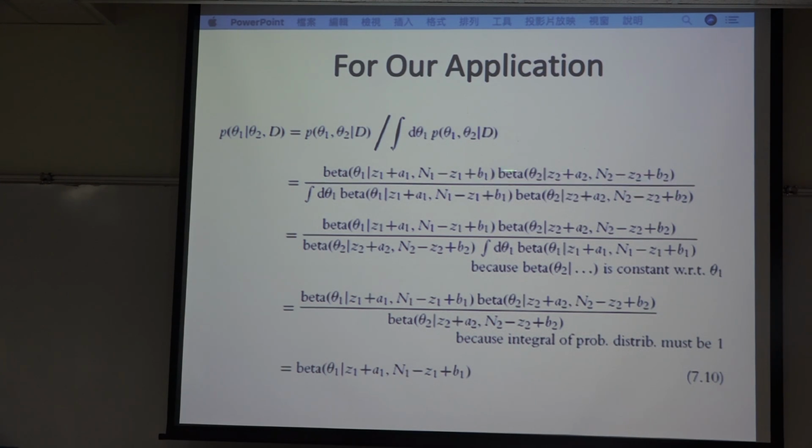We already know the result here. And for the integral of this one, keep in mind, this d theta 1 should have been placed at the end. Because you are doing the integral on theta 1, theta 2 can be considered as a constant.